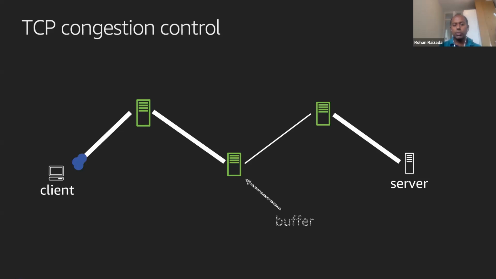So if you send too much traffic, you could hit buffer issues at one of those points along the way. And even worse, if you send too much traffic, you can have issues like packet loss. And the way TCP operates is we have a lot of algorithms for congestion control. And we can understand how best to avoid that congestion.